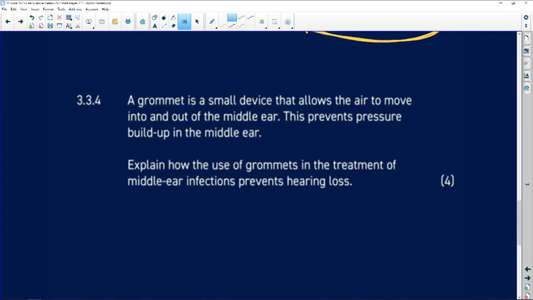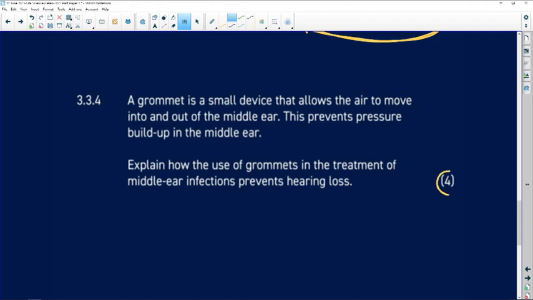3.3.4. A grommet is a small device that allows the air to move into and out of the middle ear. This prevents pressure buildup in the middle ear. Explain how the use of grommets in the treatment of middle ear infections prevents hearing loss.